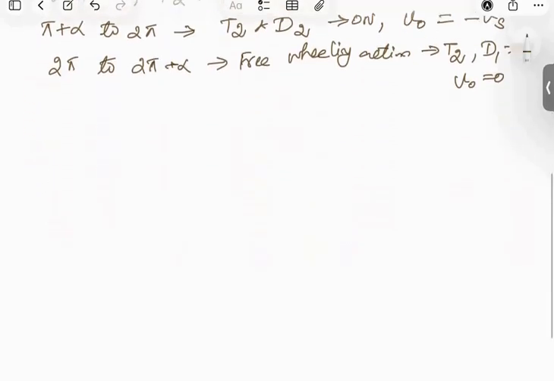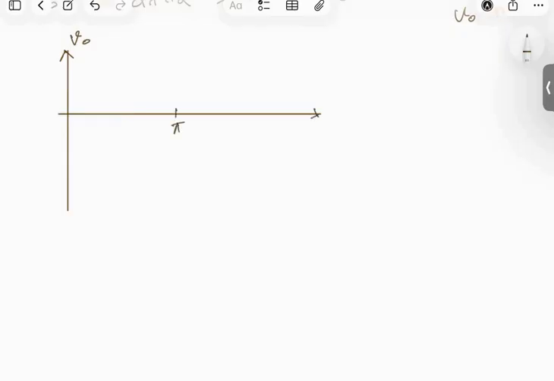Now if we draw the V0 waveform, from alpha to pi the output voltage is going to follow the input voltage.